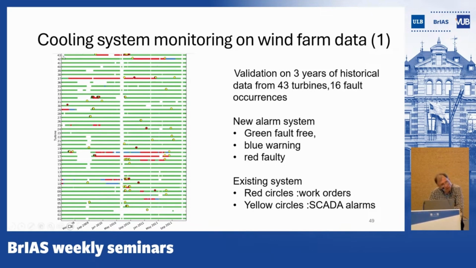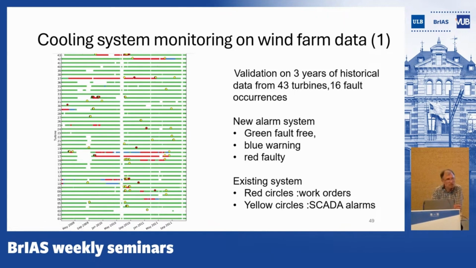On the other hand, the new monitoring system that is based on the dynamic model issues a green indication when the wind turbine is healthy. A red line means alarm, and a blue line means warning. And what you can see is that most SCADA alarms occur in autumn or late summer.